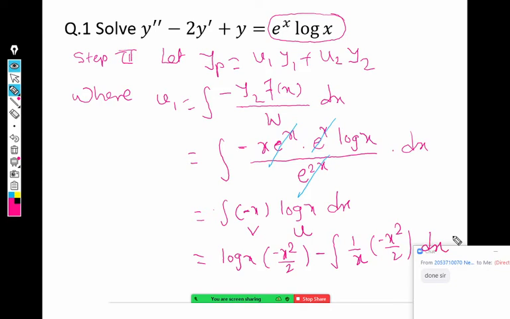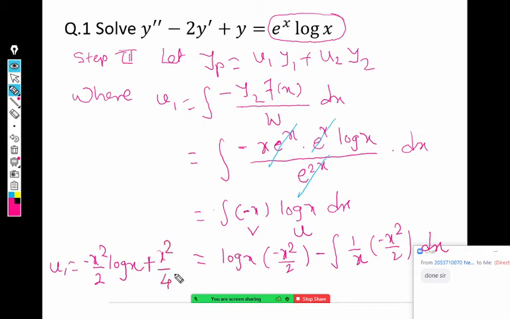I hope it's clear. So u1 will become minus x square by 2 log x, that is the first term, and you will observe one of the x gets cancelled here and minus minus becomes plus, so it is plus x by 2, so it is x square by 4.